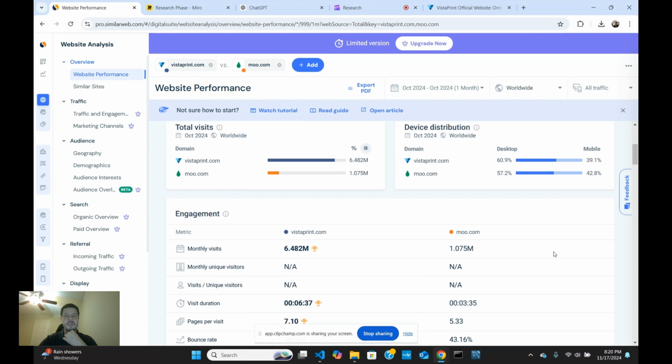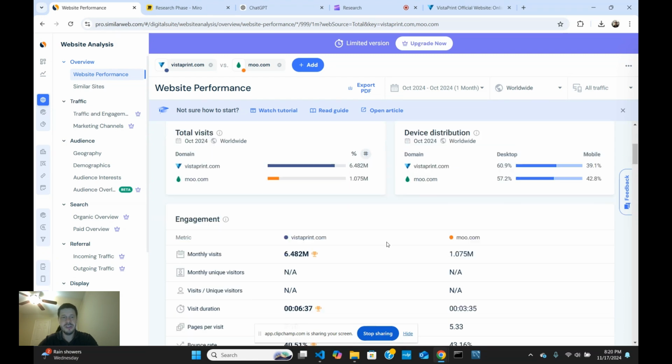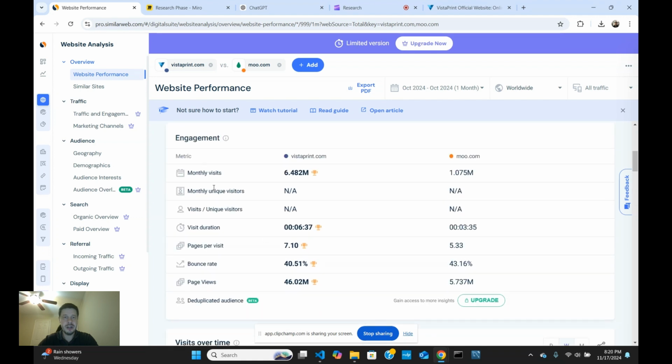We can see the engagement here, Vistaprint having 6.482 million versus 1.075. What is the service distribution? Then here you have monthly visits. So this is good. It has a lot of visits per month.